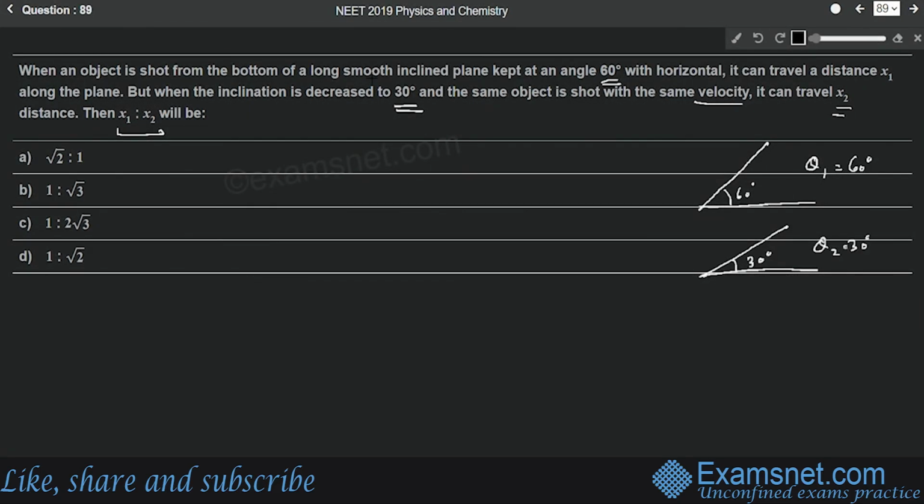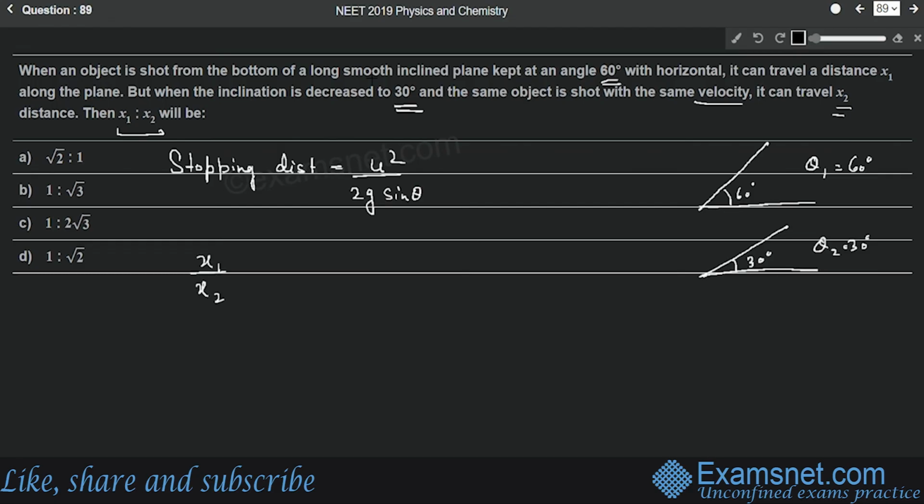Now here we know that after covering the distance x1 and x2 the object is going to stop. That means x1 and x2 are the stopping distances. So we should know the formula of stopping distance. It is given as u square by 2g sine theta. So here we have to find out the ratio of two stopping distances x1 and x2.